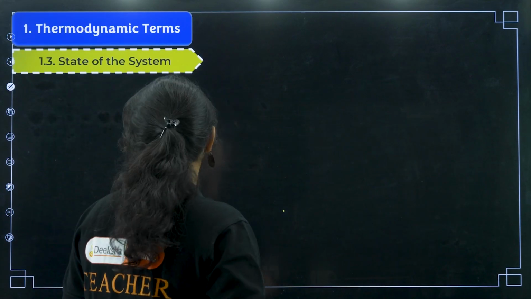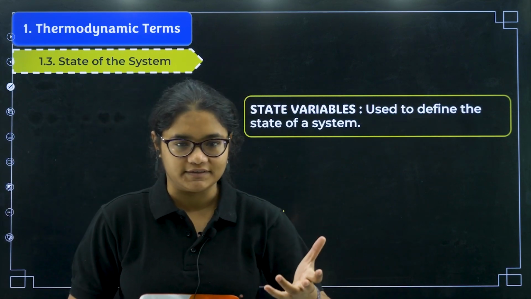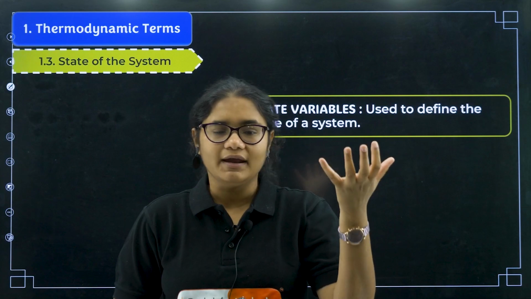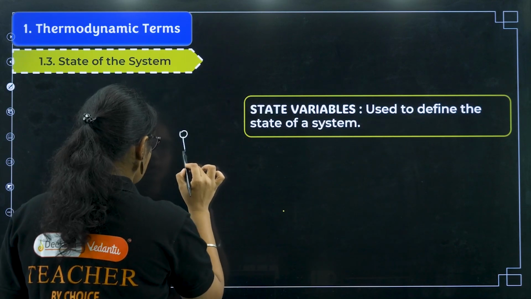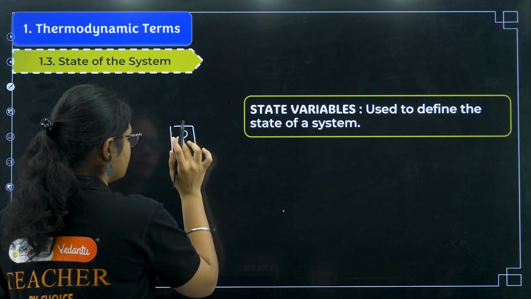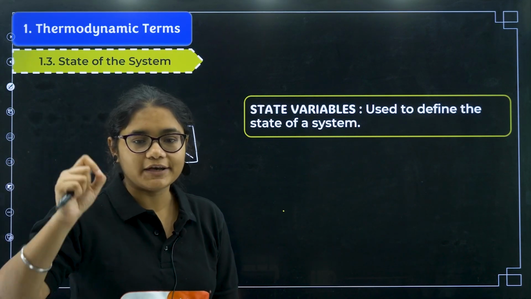Fine. Next, let us go to the state of a system. What do you mean by state of a system? Suppose you are standing here. To tell your location or position, we need to define something, like what the landmark is where you are standing.